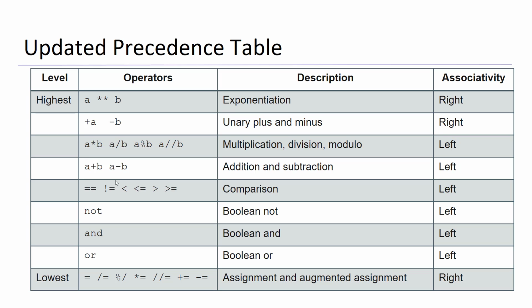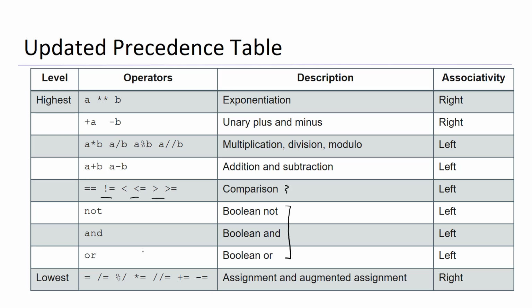One thing you should notice about this precedence table is that comparison operators have higher precedence than the Boolean operators. Another thing to notice is that all the comparison operators have the same precedence. So if you have an expression with more than one comparison operator, these will be evaluated from left to right, because they all have equal precedence.